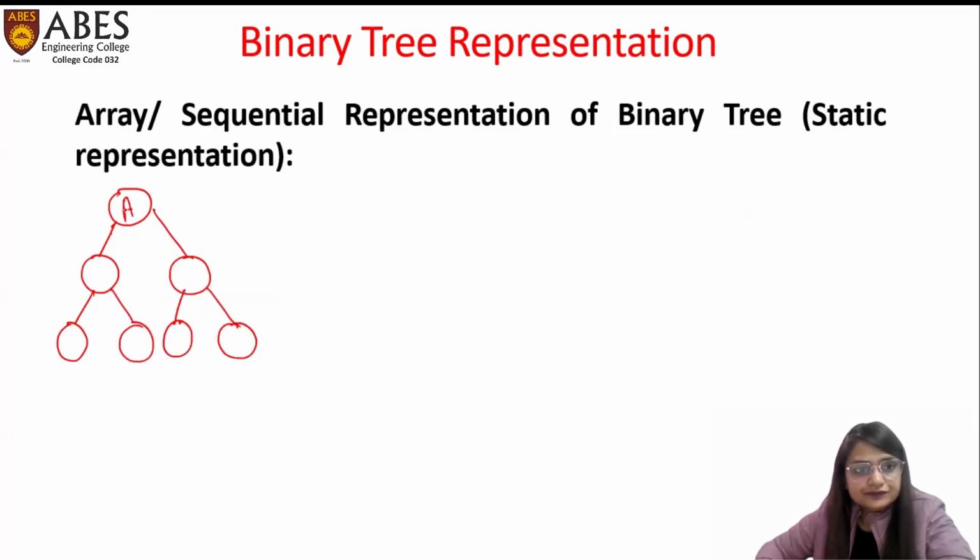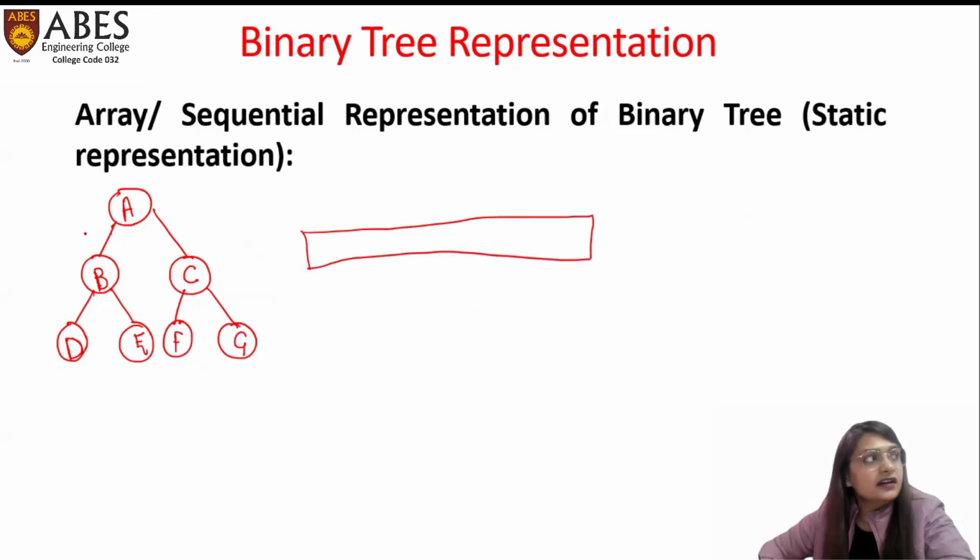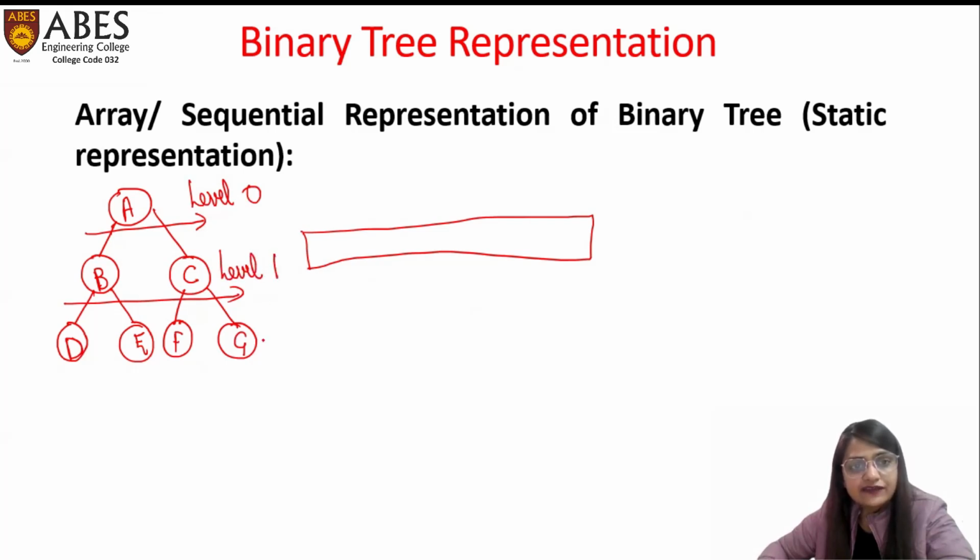If I want to store this information or represent this binary tree in array format, then the accessing will be done level by level. This will be level 0 as we have studied earlier. The root node is always stored at level 0 and the subsequent children will be level plus 1. There will be 3 levels total. It will be level 2. Okay. We have to store the root node at index 0, which is A.